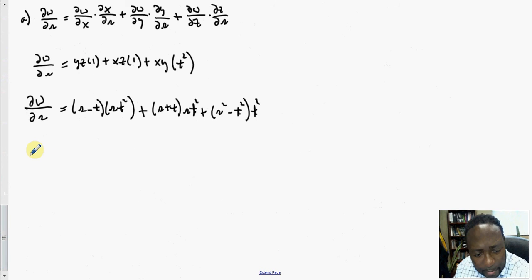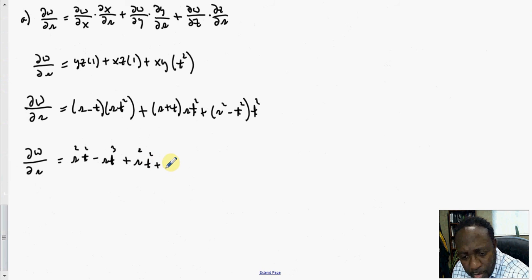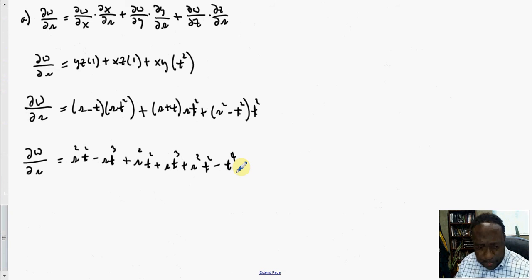We simplify that, so we get the partial of w with respect to s, and this is s squared t squared minus s t to the third plus s squared t squared plus s t to the third plus s squared t squared minus t to the fourth.